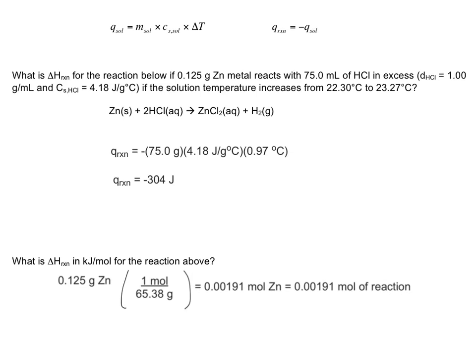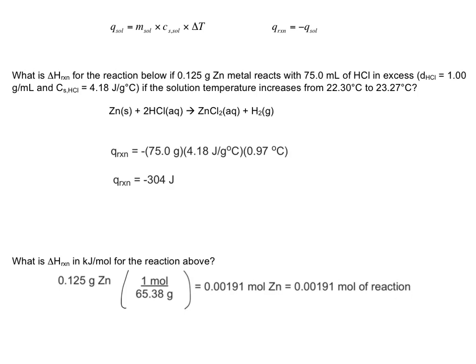0.00191 moles of zinc. Okay, so our Q of our reaction is negative 304 joules, and that's how much we got per 0.00191 moles of zinc, or that many moles of reaction as well, because it's 1 to 1.